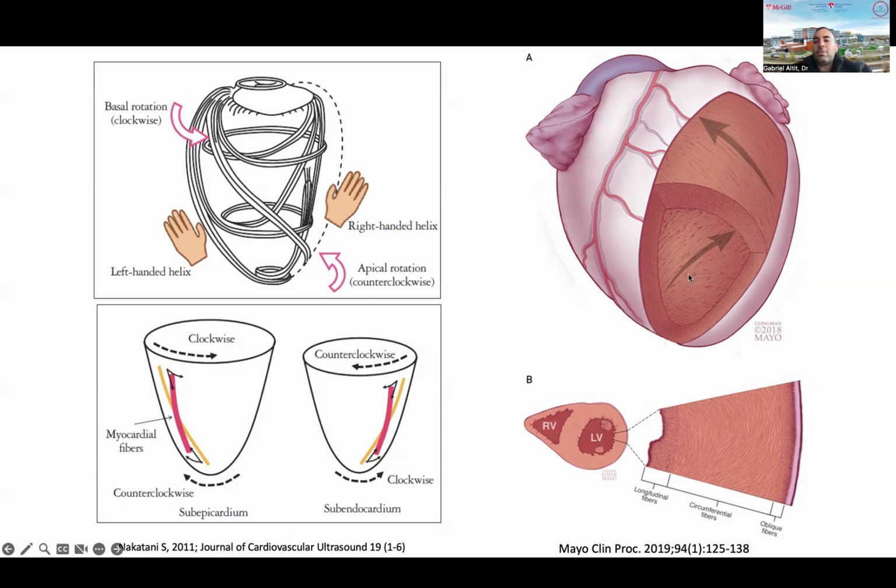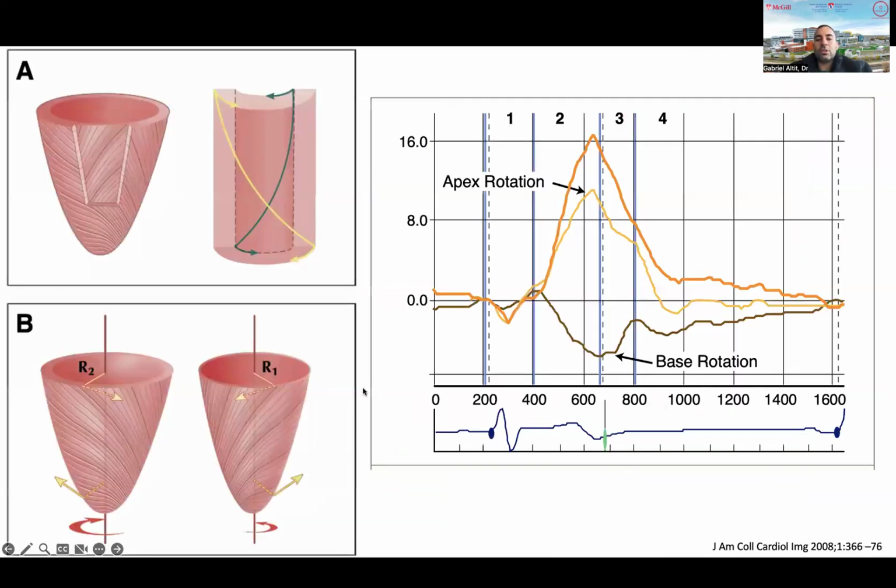You can see that the fibers are organized very differently across the different layers. The subepicardial layers versus the subendocardial layers are not necessarily rotating the same way. And you can see this represented here, where you get twisting at different levels, allowing the circumferential contraction and the rotational contraction.